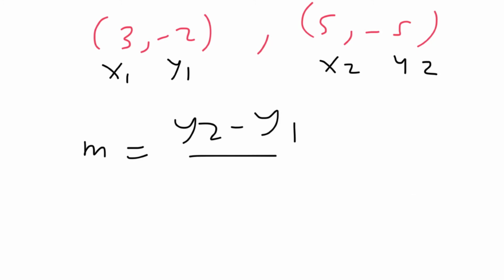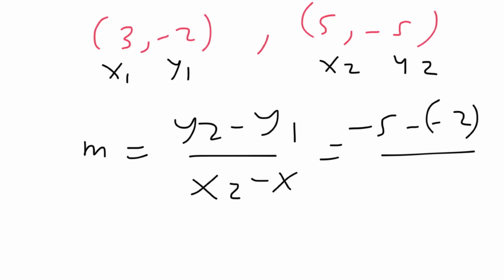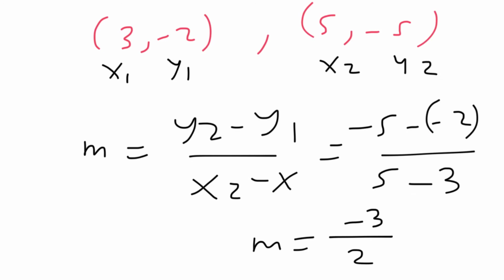Minus 5 plus 2, over x2, which is 5, minus x1, which is 3. Minus 5 minus a minus 2 becomes plus 2. Minus 5 plus 2 is equal to what? Minus 3. Minus 3 over 2. So that is the slope, minus 3 over 2.